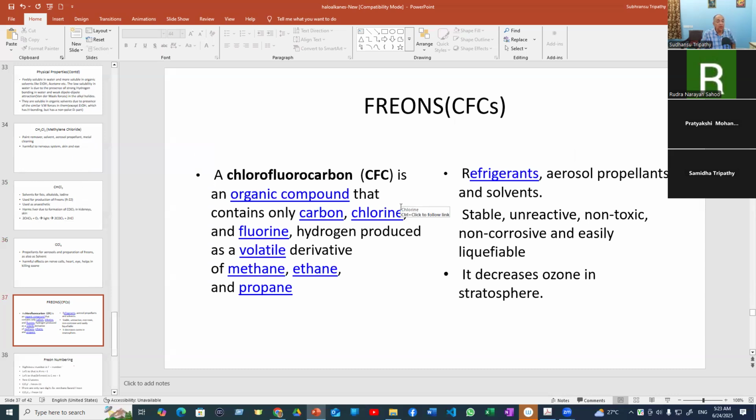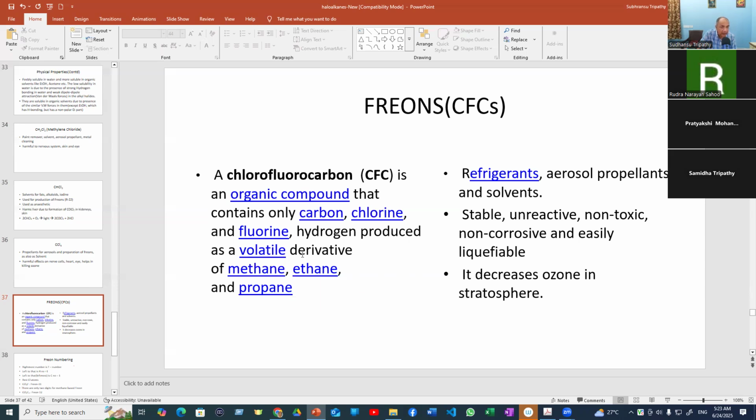Now, let me tell you what freons are. Chlorofluorocarbons or freons are organic compounds that contain only carbon, chlorine, and fluorine, not hydrogen, produced as volatile derivatives of methane, ethane, and propane.